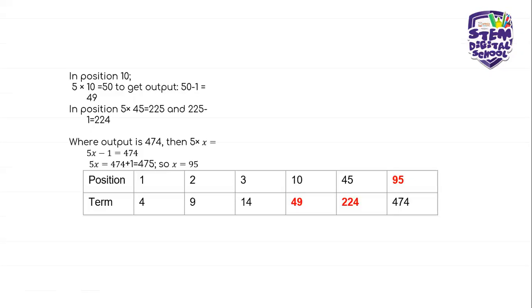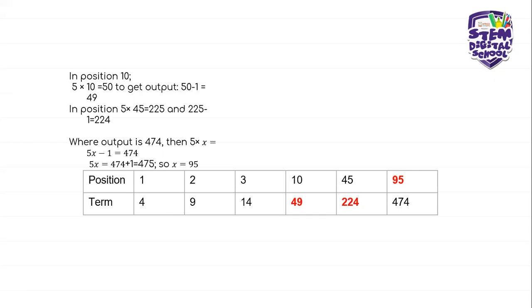If you use this rule, then you can quickly find the term corresponding with position 1000. And what will be that term? You would simply take the constant difference, which is 5, and you multiply it by the position, which is 1000. So 5 times 1000 gives you 5000.